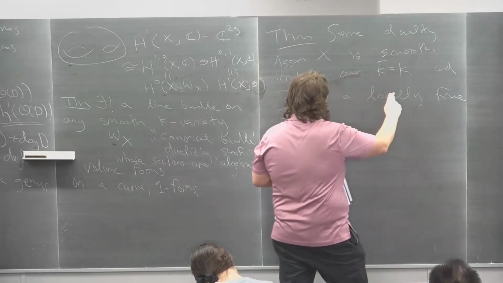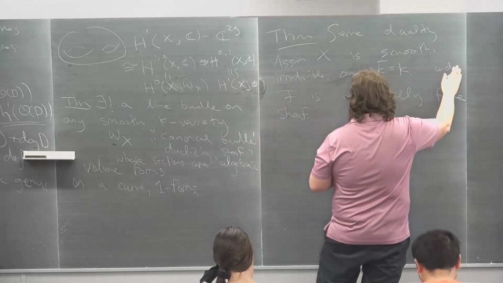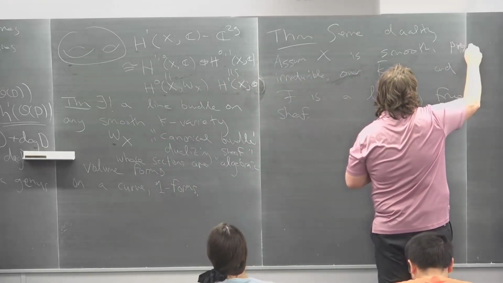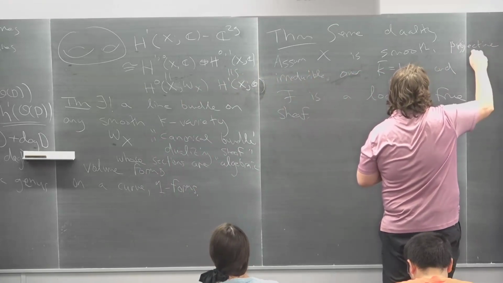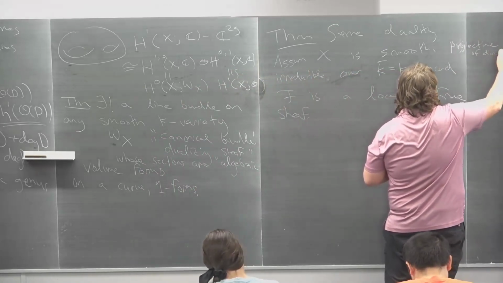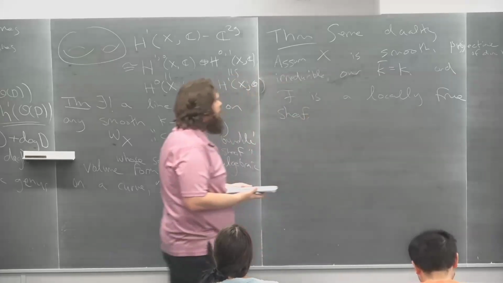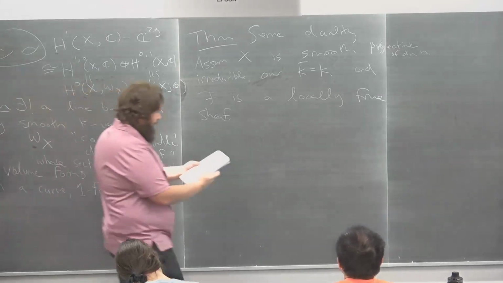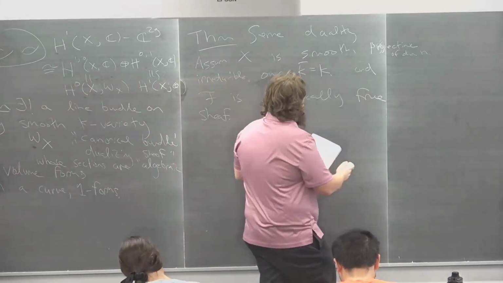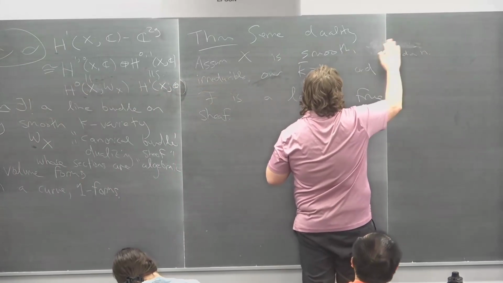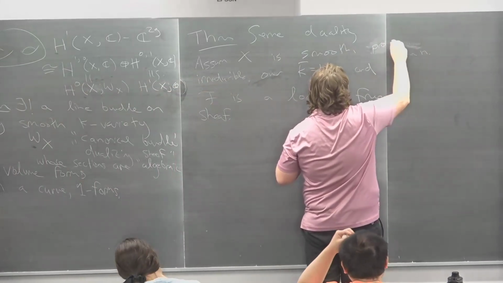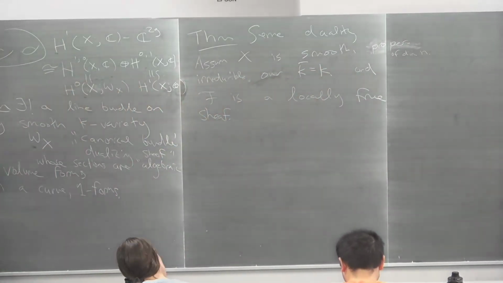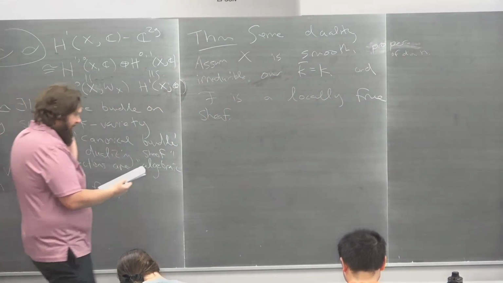And irreducible. Okay. I should have written projective, dimension n. I don't just want projective. The whole point is I'm going to try to use this to figure out when proper curves are projective, so it's bad if I assume that things are projective.